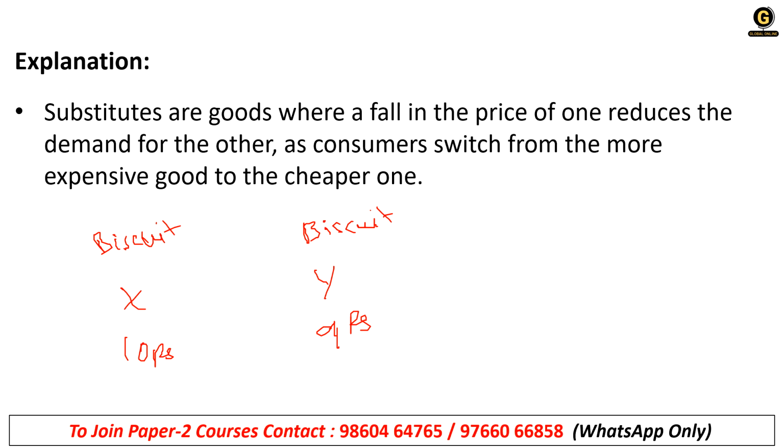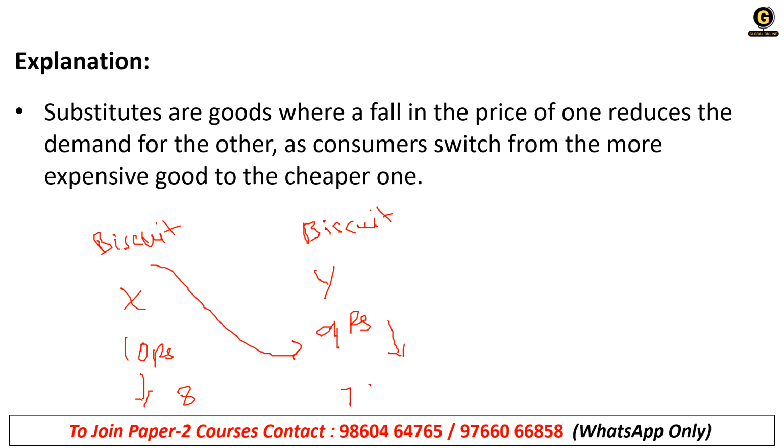And with these substitute goods, if the price is decreased from 10 to 8, for example, and this one is also decreased from 9 to 7, people will shift from this biscuit to that one. Why? Because both products are similar. These are substitute goods, but there is a price difference.